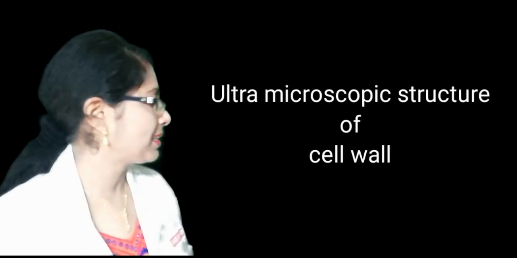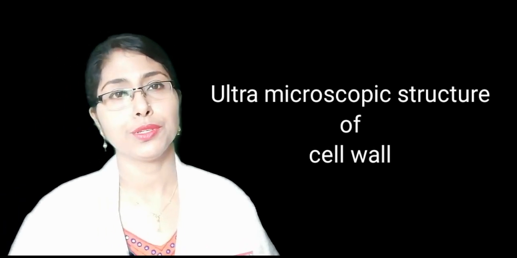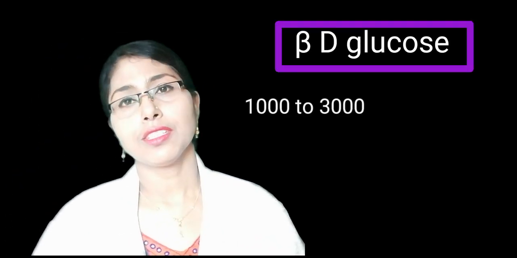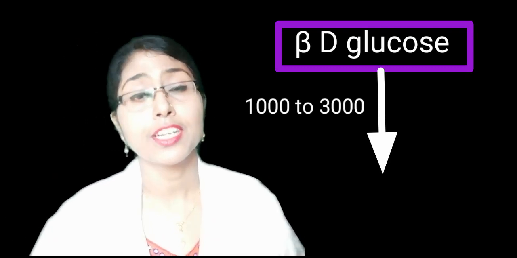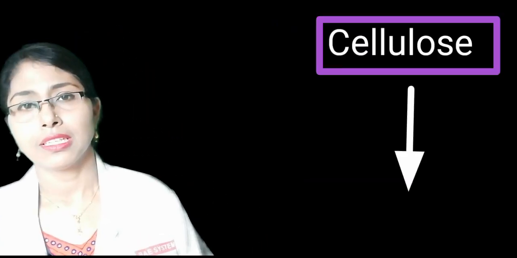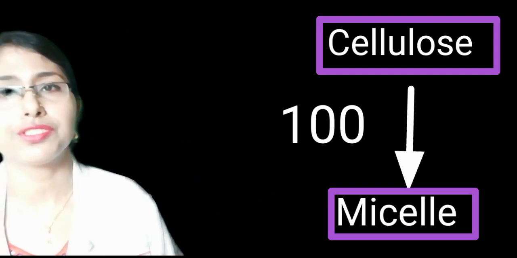Ultra microscopic structure of cell wall. Cell wall is mainly composed of cellulose. We know cellulose is the polymer of beta D glucose. 1000 to 3000 beta D glucose units join together to form a cellulose chain. A crystalline micelle is formed by a combination of around 100 cellulose chains.